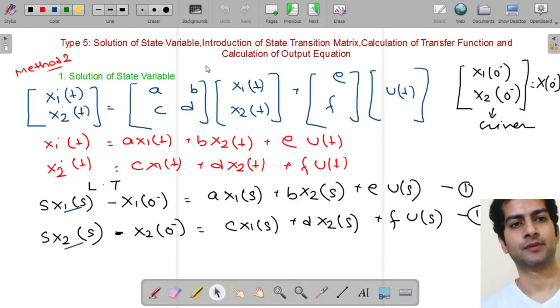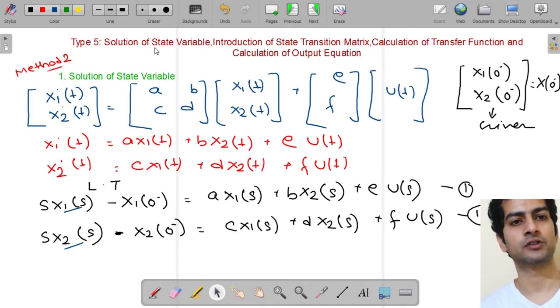Now see, in type 5, we had all these things. So what have we covered? We have covered the solution of state variable.